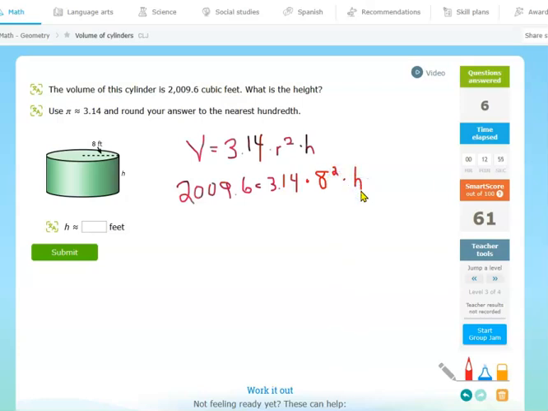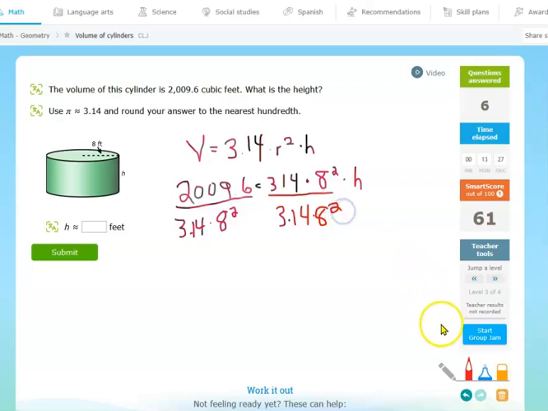And remember, this is just like the other one that we did. We want to get h by itself, so we're just going to divide both sides by everything that's being multiplied by h. So divide both sides by 3.14 times 8 squared.